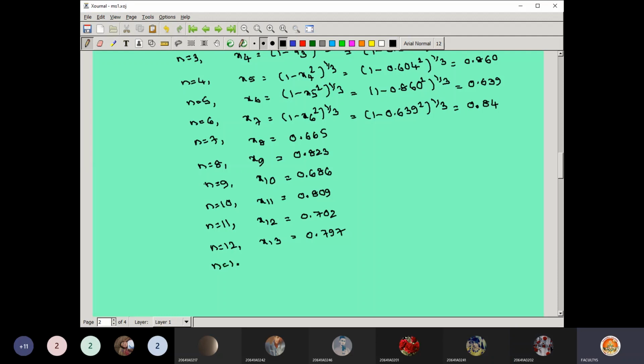Go for n equal to 13, so that you are getting x14. Slowly you are reaching the point. I think 0.78 or 79.